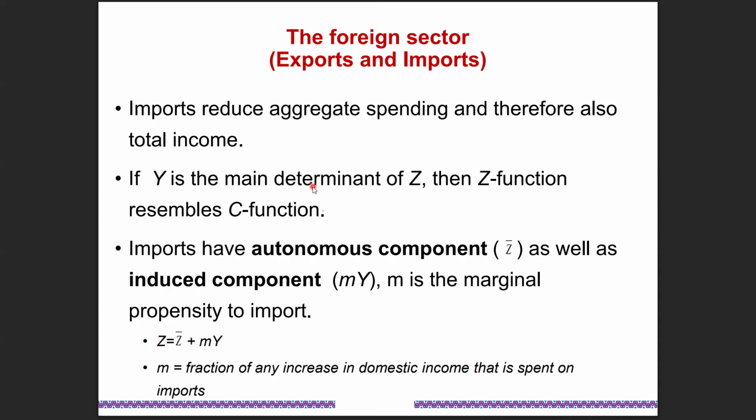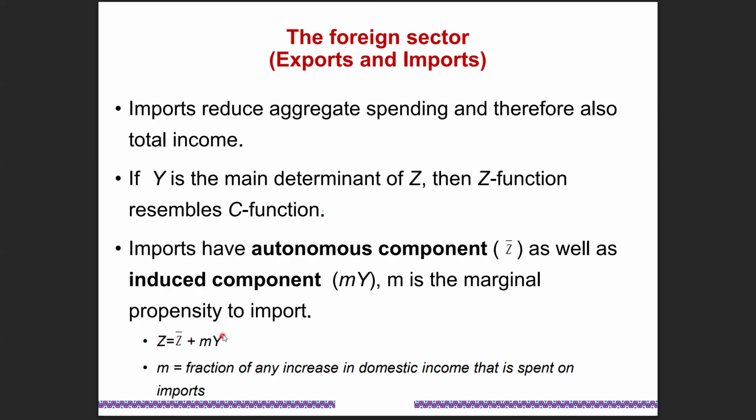The consumption function. That is because for import, we also have an autonomous component and an induced component, right? The autonomous is represented by Z bar, and the induced component is MY, where M is the marginal propensity to import and Y is income.